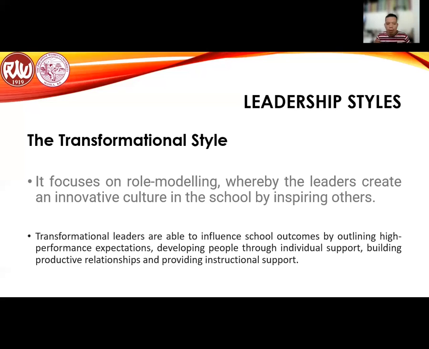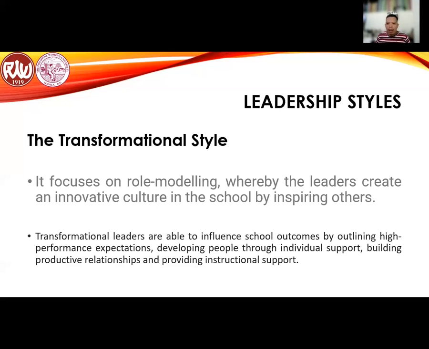This sets a foundation for growth and success. Transformational leaders are able to influence school outcomes by outlining high performance expectations, developing people through individual support, and building productive relationships by providing instructional support.